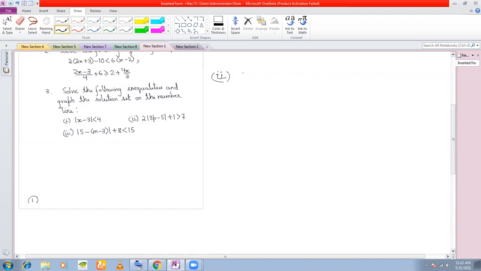The question here is twice mod 3p minus 5 plus 1 greater than 7. Okay, so what we do here is first take this as twice mod 3p minus 5 greater than 7 minus 1. That means you get twice mod 3p minus 5 is greater than 6.